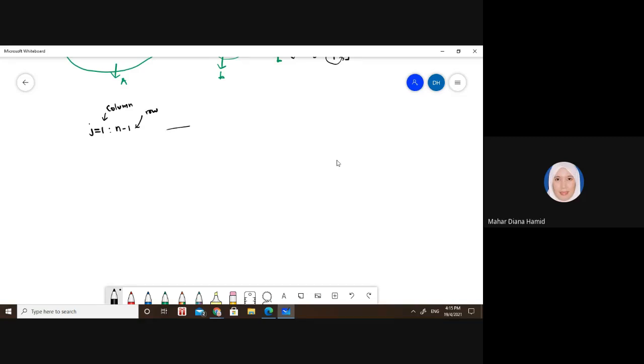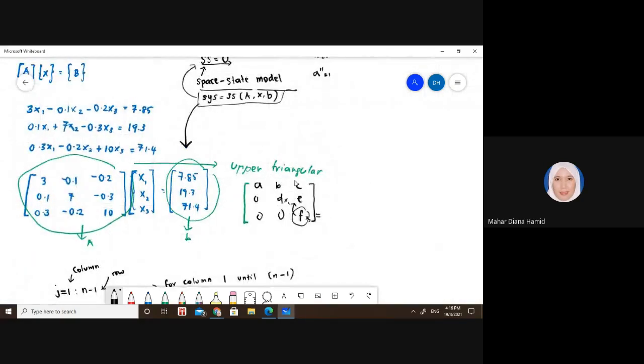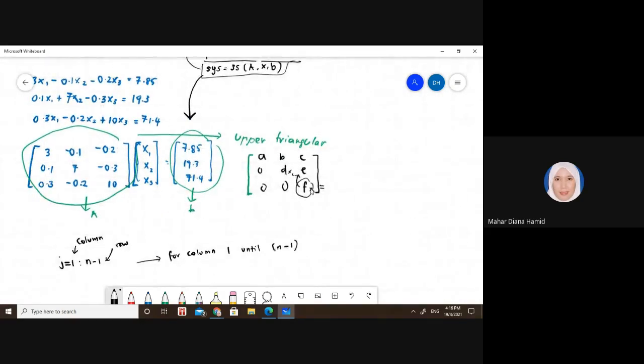For example, it represents that for column 1 until n minus 1. So if you remember, if you refer back to the upper triangular system, for example, n here is 3. We are going to change the system to upper triangular system only up to here.